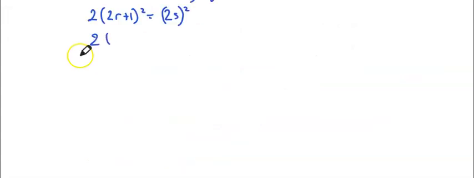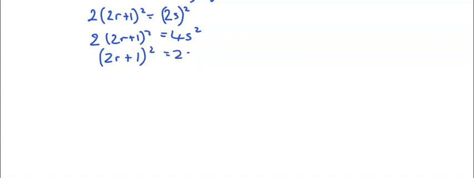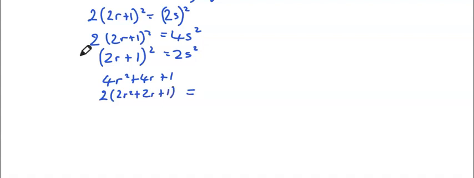And so 2 lots of (2r plus 1) squared is equal to 4s squared. Divide both sides by 2: (2r plus 1) squared equals 2s squared. So the left-hand side is 4r squared plus 4r plus 1, which is 2 lots of (2r squared plus 2r) plus 1, and that is supposed to be equal, excuse me, I made a mistake.